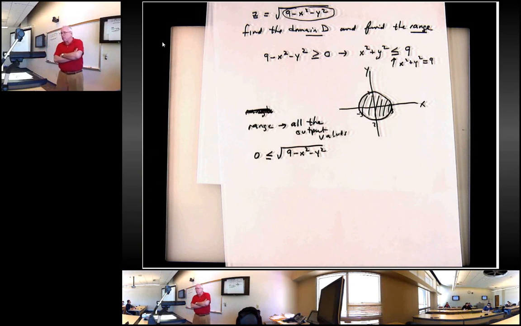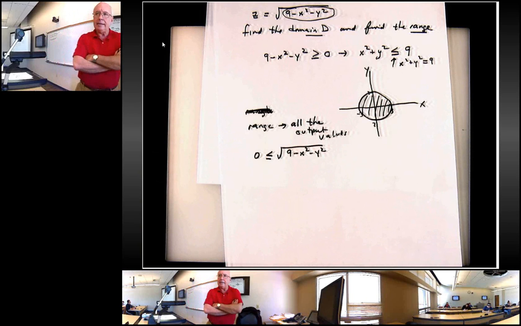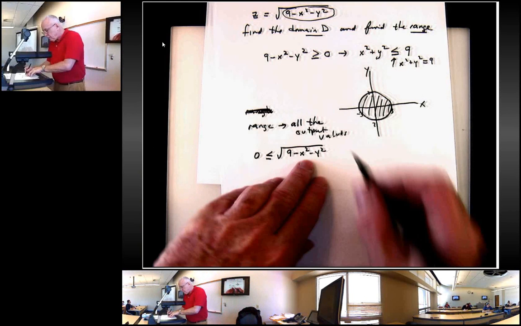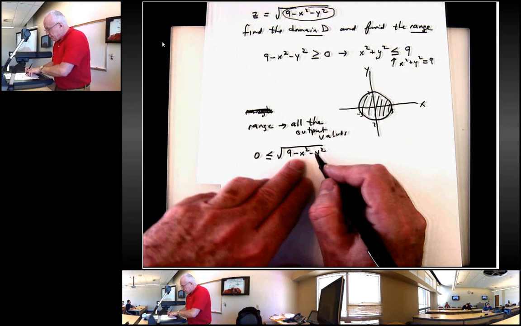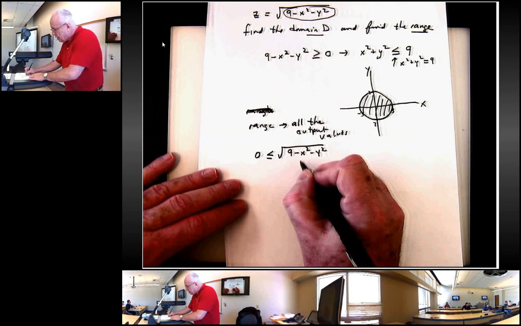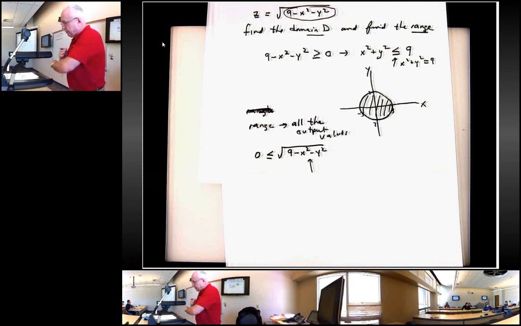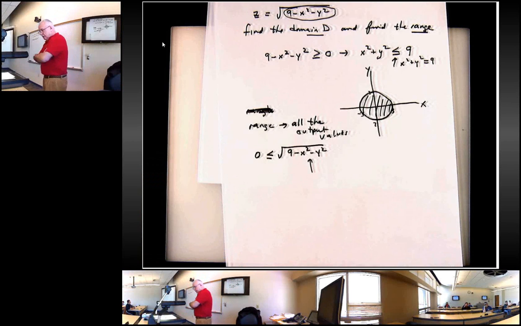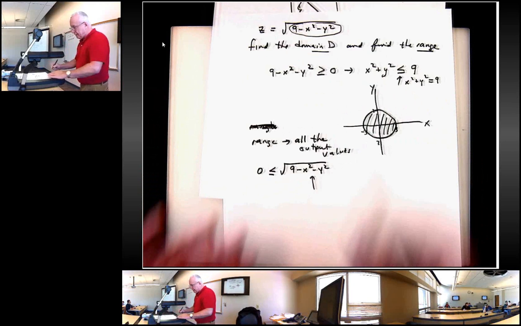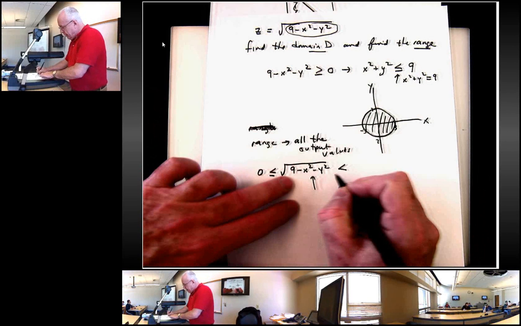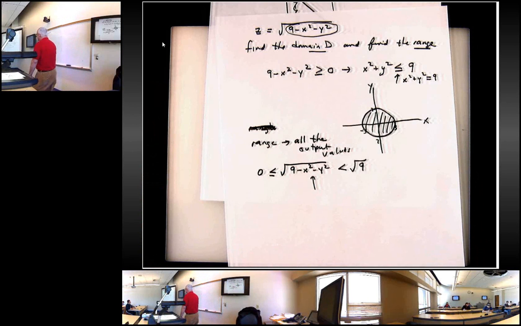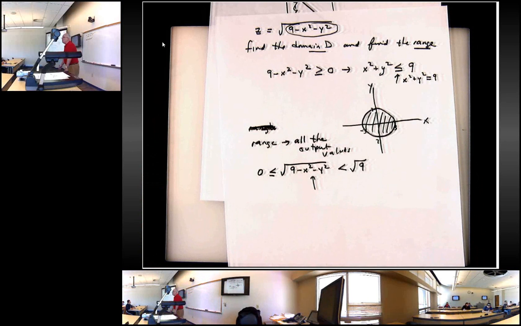Because the square root is always a non-negative value. But in here, the biggest that this can be, because this is subtracting off numbers whose squares add up to maybe 9, is when we just have 0 and 0 for x and y, and we just have the square root of 9.